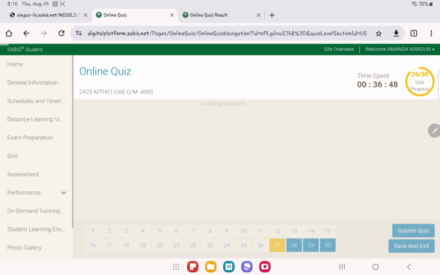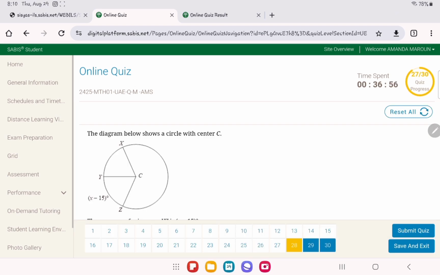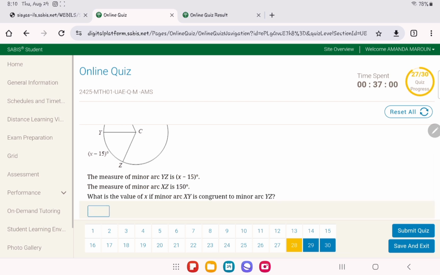Number 28. The diagram below shows a circle with center C. The measure of minor arc YZ is x minus 15. And the measure of arc XZ is 150.